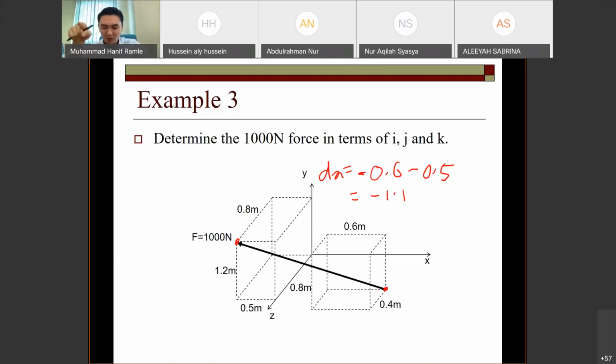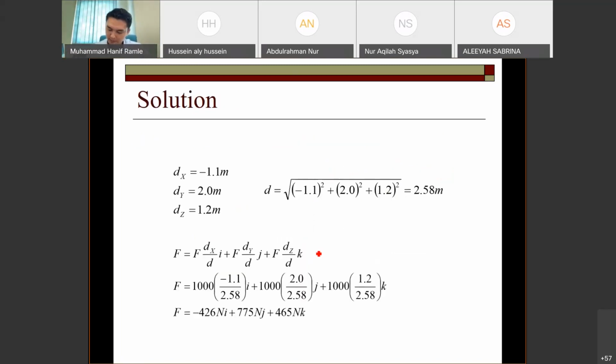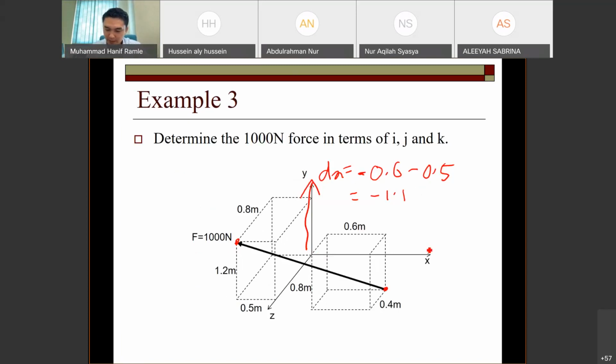If you look at the xy plane, you can see the initial point of force starting from the right part to the left part, meaning that it's moving from right to left.